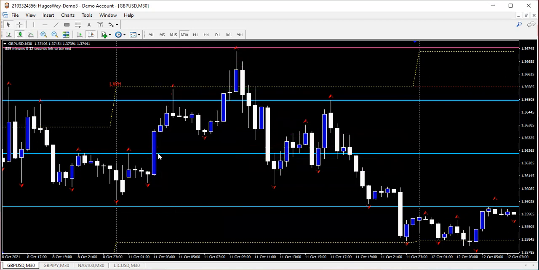That is break and retest. And once again, here you go. Price gives you another form of break and retest right here. This is the low and the high of the previous week. So this is the high of the previous week, and this is the high of the previous day.